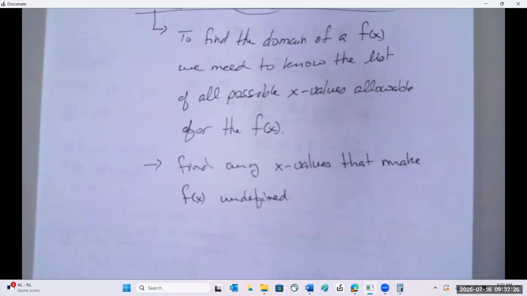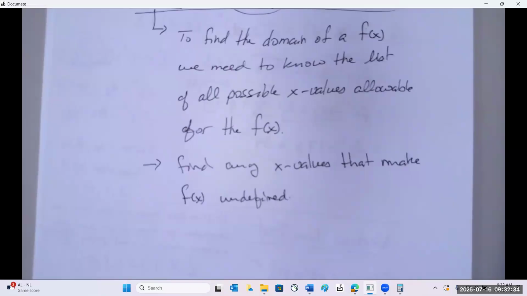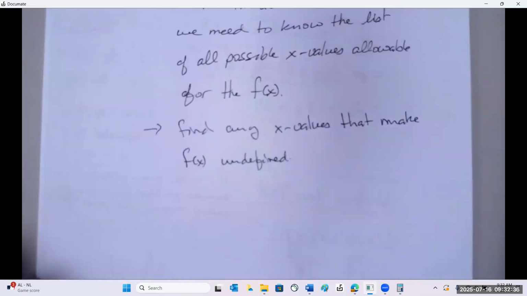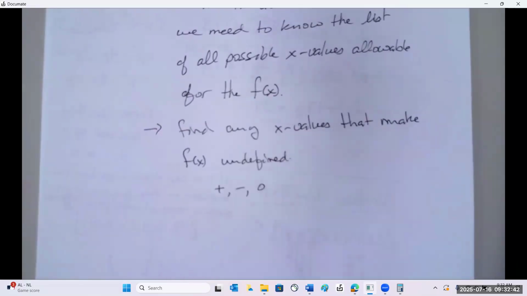That's what we're looking for. Those are the ones we cannot use. Remember, those x's could be positive, they could be negative, and they could be zero. And we're looking at those situations.